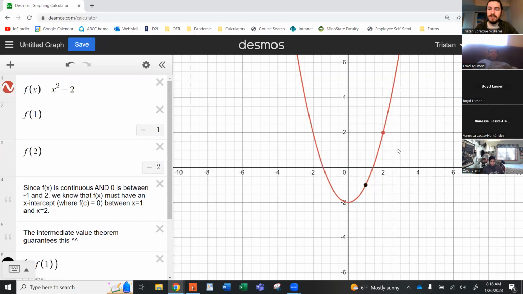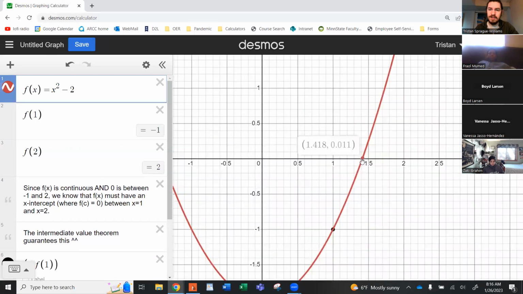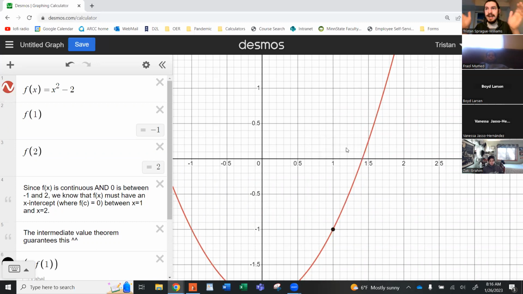You can use this to come up with estimates for what this x-intercept actually equals. This x-intercept is technically an irrational number, so it can be very hard to get your hands on. But you can use a trial and error iterative approach to get closer and closer.